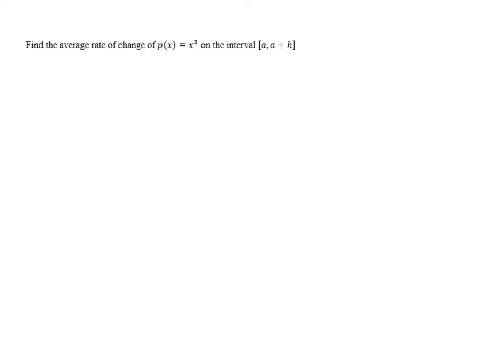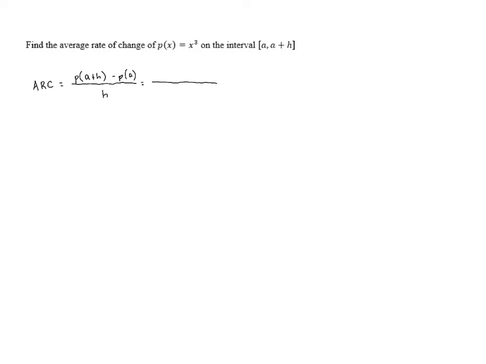Find the average rate of change of p of x equals x cubed on the interval from a to a plus h. To do this, we're going to have to look at p of a plus h minus p of a over h.